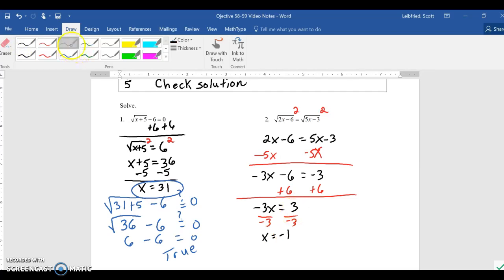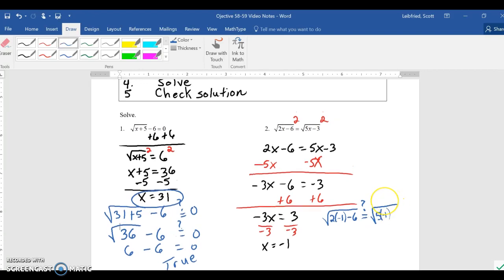Now again, I want to check. I'm going to go up to the original problem, and I'm going to substitute negative 1 in for x. So I have 2 times negative 1 minus 6. And I'm going to check to see if it's equal to the other side, which is the square root of 5 times negative 1 minus 3.